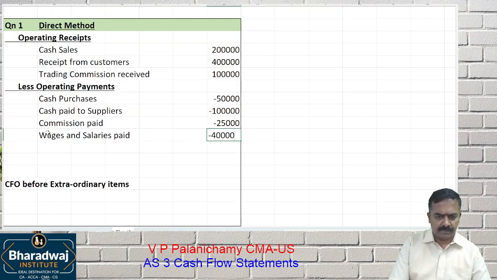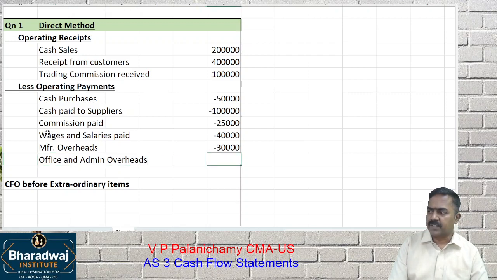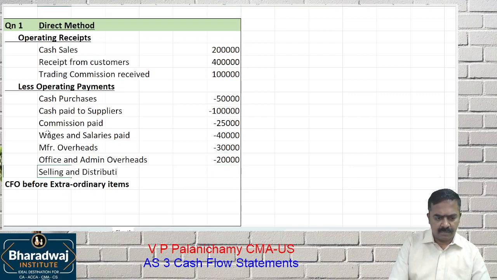Then manufacturing overheads, 30,000. Then office and administrative overheads, 20,000. Then selling and distribution overhead, how much? 10,000.